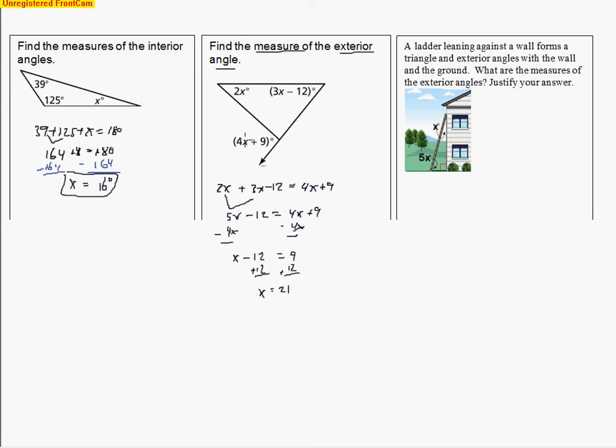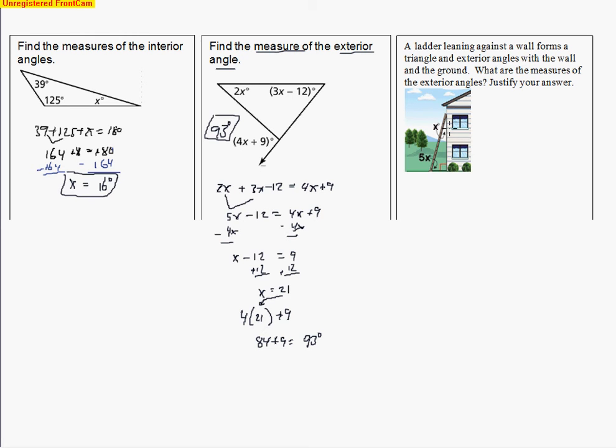So we have to take this angle right here, this expression, 4x plus 9, and substitute that 21 in for x. So when I do that, I have 4 times 21 gives me 84 plus 9, ends up giving me 93 degrees. And so that's the answer that I'm looking for there. 93 degrees is that exterior angle.